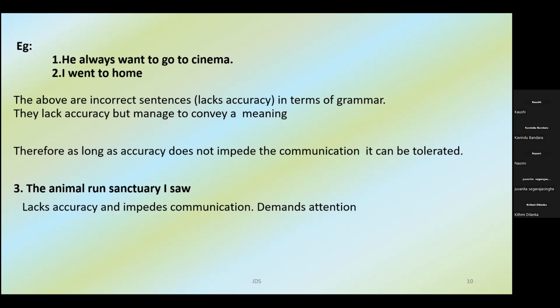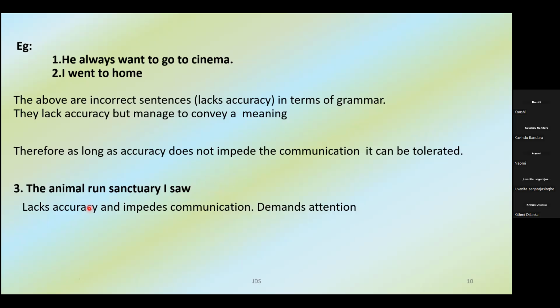No. You can, but it depends on the person. Now, based on the sentence, the animal run sanctuary I saw, different people can interpret different meanings. There can be multiple interpretations.